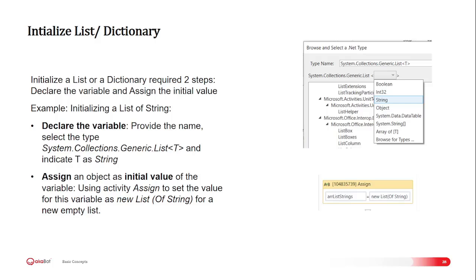This will tell the system you are creating a list of strings. After declaring the variable, you will use the assign activity to set the value. For example, you can set it to new list of string to create a new empty list. This will set up your list, ready to have values added to it later on in your automation process.